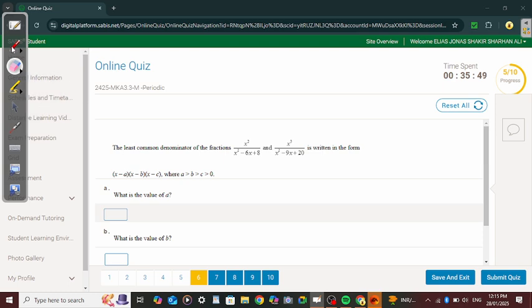It's an easy question. Okay, x squared over x squared minus 6x plus 8, and x cubed over x squared minus 9x plus 20. They want the least common denominator. Okay, x squared minus 6x plus 8 could be split into, we need two numbers. Their product is 8 and their sum is 6.